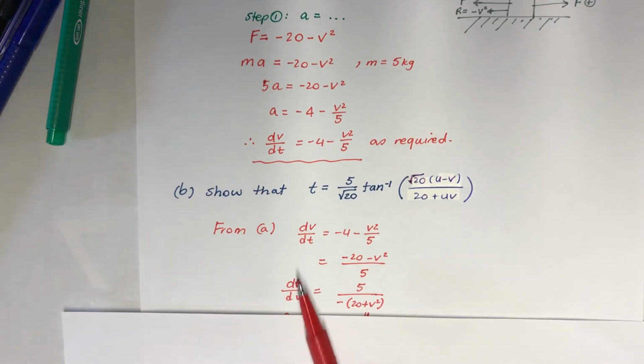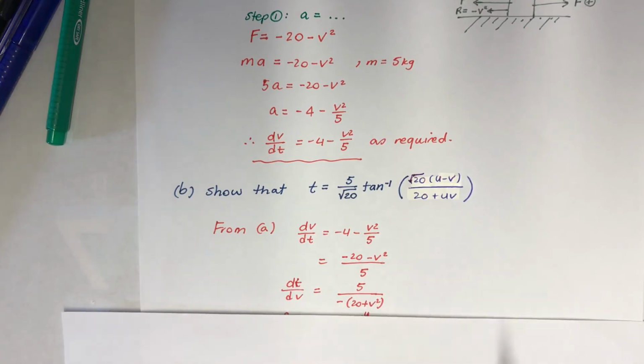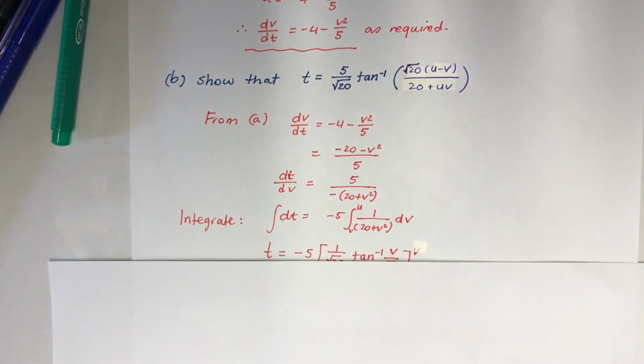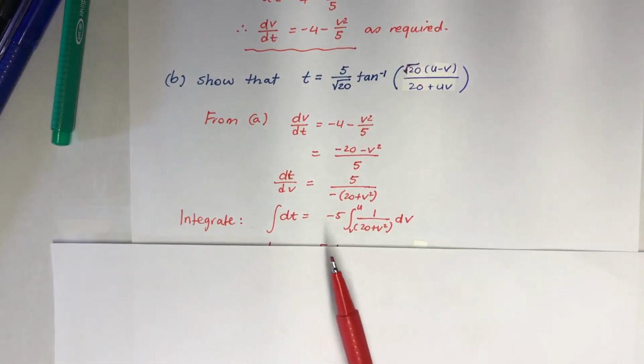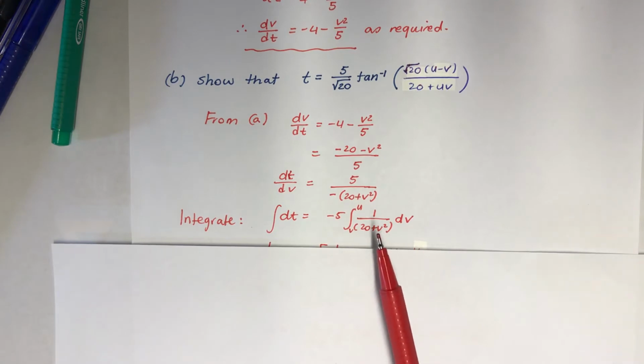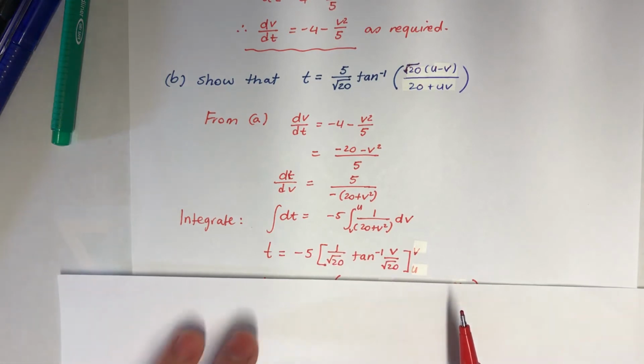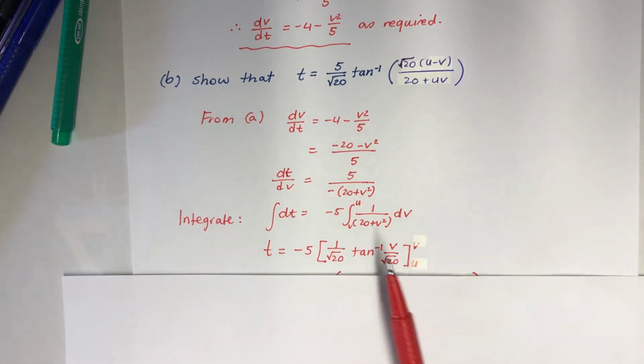So I just swapped because I want t to be my subject. So I just flip this, therefore this will flip. And then I'm going to integrate because I want it to be t equals. So if I do that, now this one is the inverse tan. I can see it's 20 plus v squared. So if you do that, I will get this.